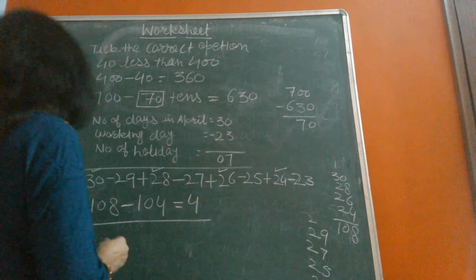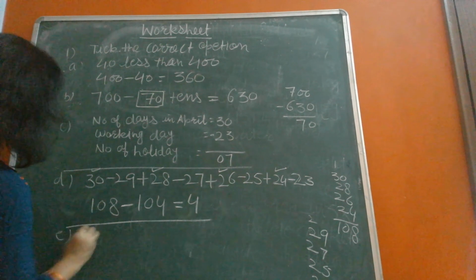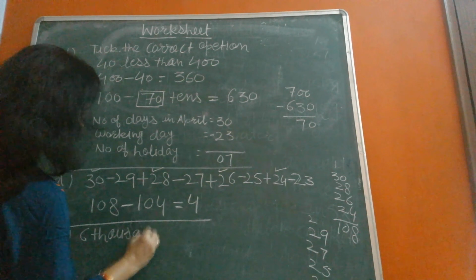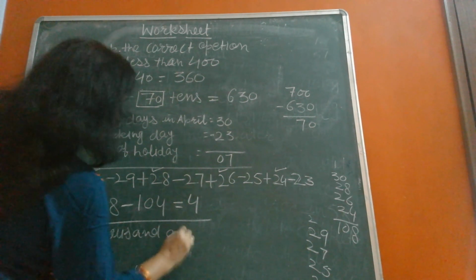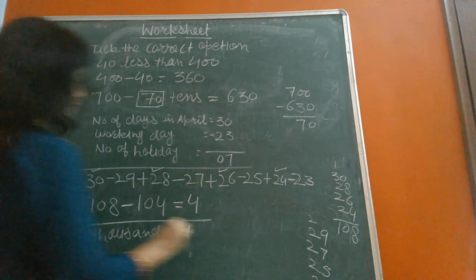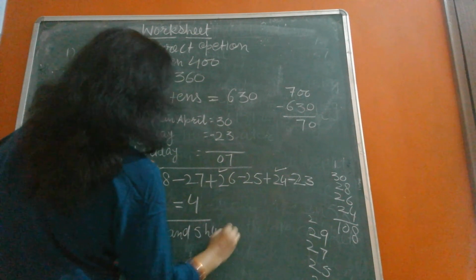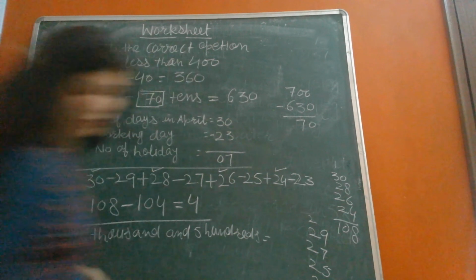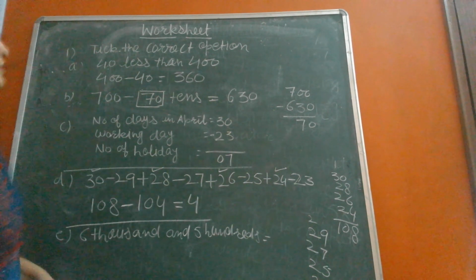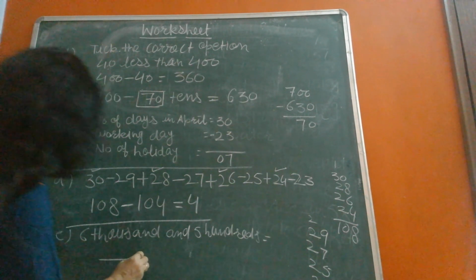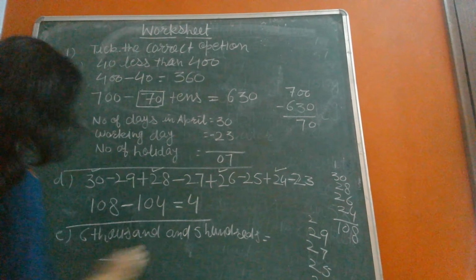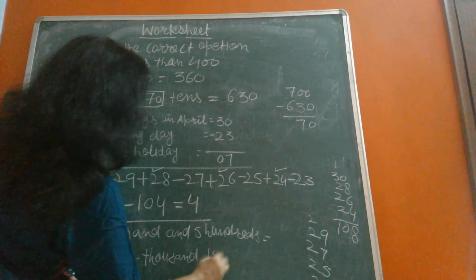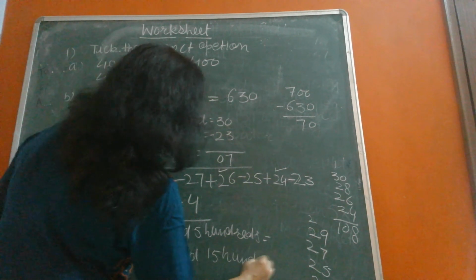Now next is 6500 equal to 6000, part A, and 5 hundreds. 5 hundreds equal to dash thousands, 15 hundreds.